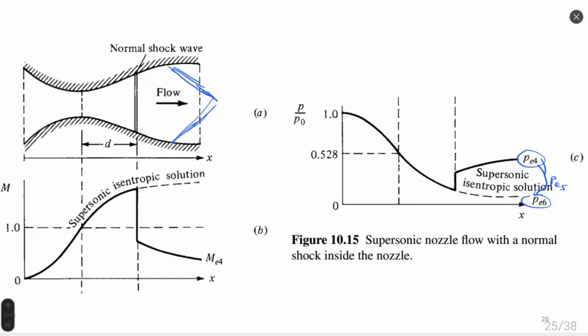I have one video, at least one video, that explains how to calculate such flow analytically: normal shock wave, oblique shock wave inside the nozzle. And you could see one example of calculation. I will not do it today. I do not see why I should repeat the same information which we already have in the questionnaires of gas dynamics.